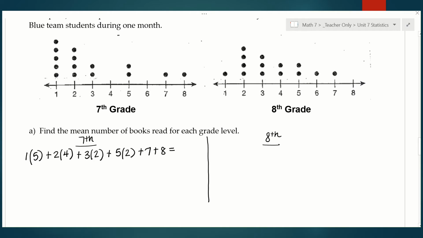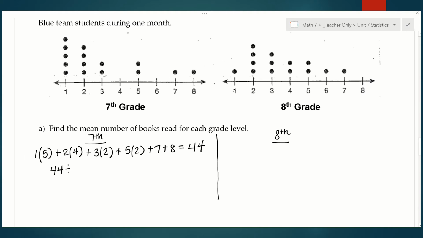Okay, so if we figure out that total, this is going to give me 44. And then we're going to divide that number by, let's see, how many numbers did we add here?